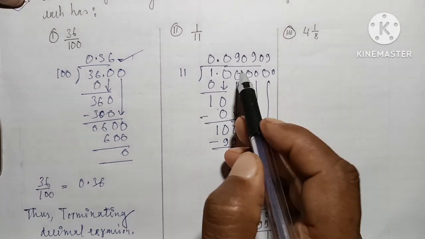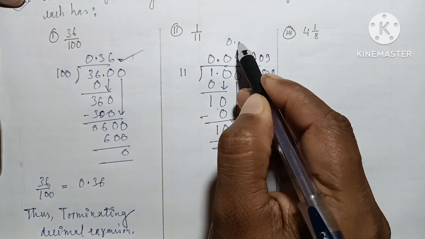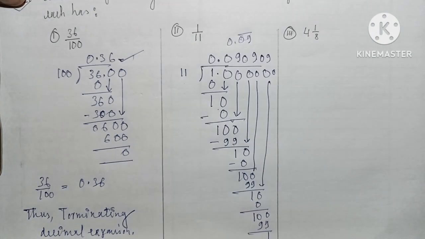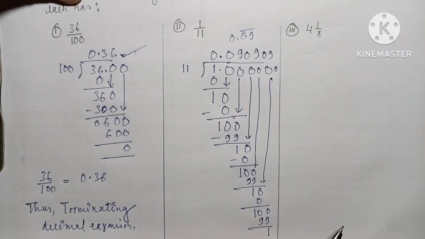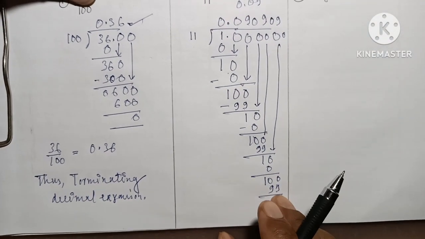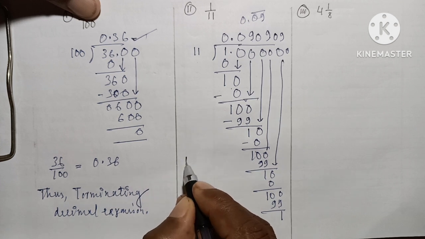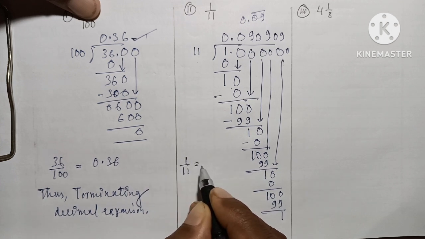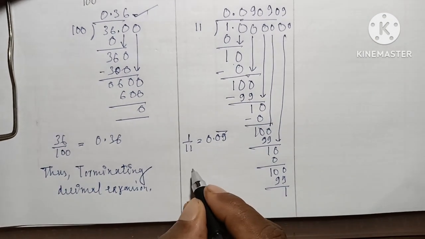Now here you see carefully, 0909 means 0.09 is the repeating block. It means that this one is a non-terminating repeating decimal expansion. Then you have to write 1 by 11 equal to 0.09 repeating.